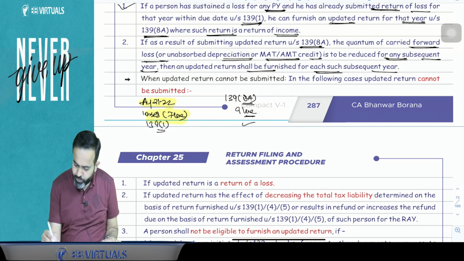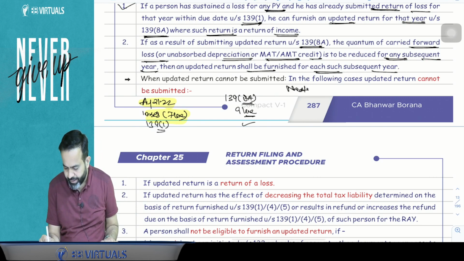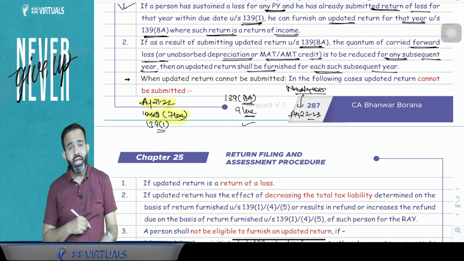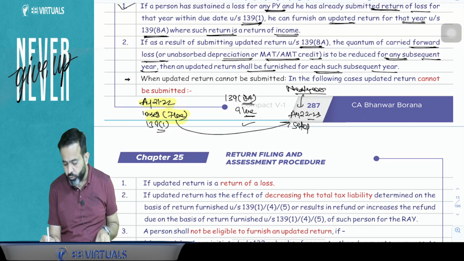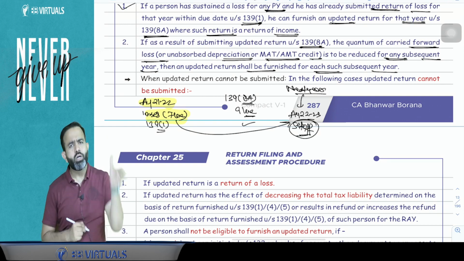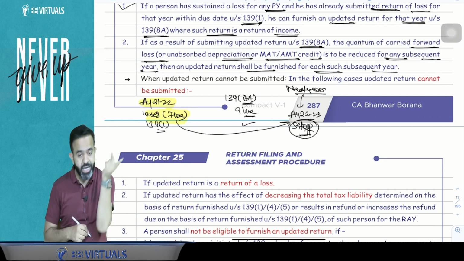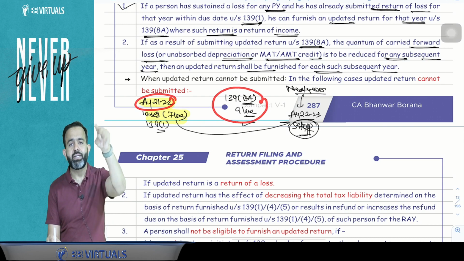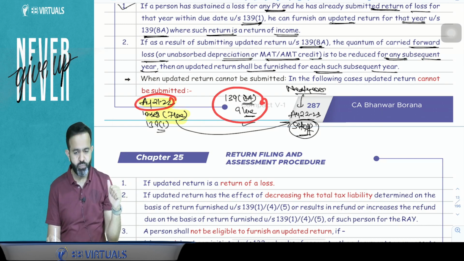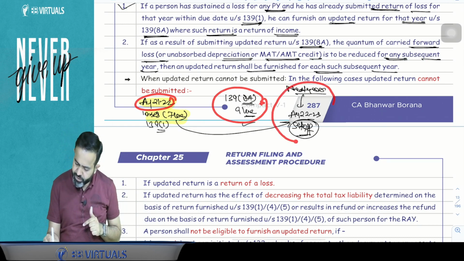Now suppose that next year is assessment year 22-23, and in 22-23 you already set off these losses. Now you are filing the updated return of this year and you're declaring the income. So can I say that the loss doesn't have any value now? But you already set off the losses in 22-23.